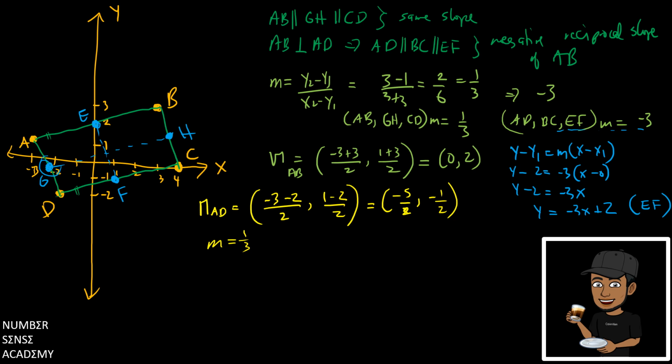I'm going to write in red. y minus y1 equals m times x minus x1.